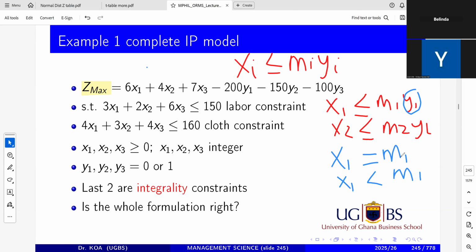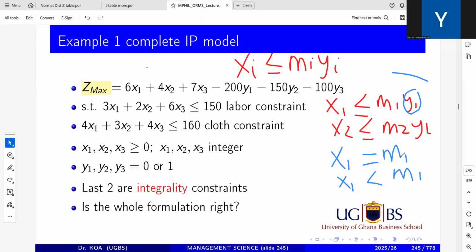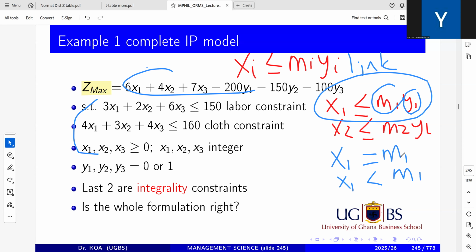Because you see, this equation you are seeing here is a linking constraint. This is the equation that actually links the objective function with y to the constraint that has no y. So once we are able to get this value, let's say we get the value to be 10, then x1 is going to be less than or equal to 10 y1.